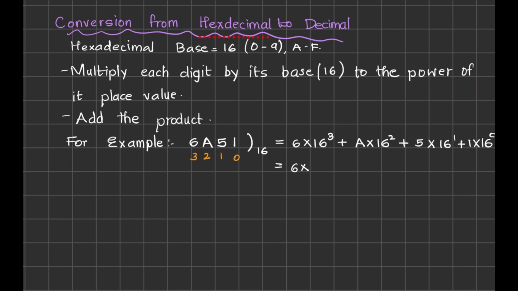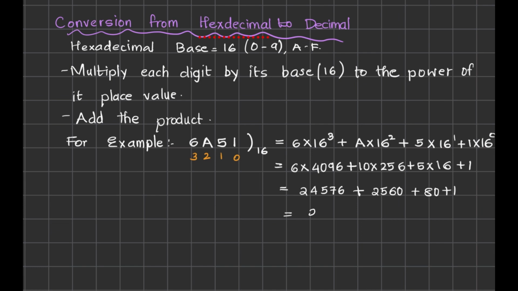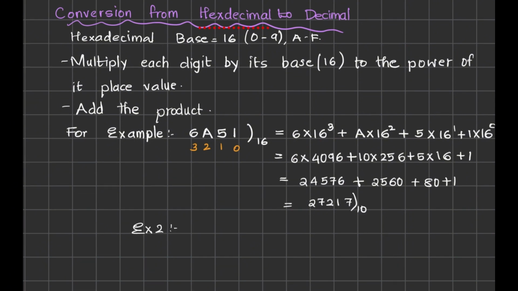So that would be 6 into 4096 plus A, which is 10 in decimal, 10 into 256 plus 5 into 16 plus 1. So the answer is 24576 plus 2560 plus 80 plus 1. The answer is 27217 in decimal.